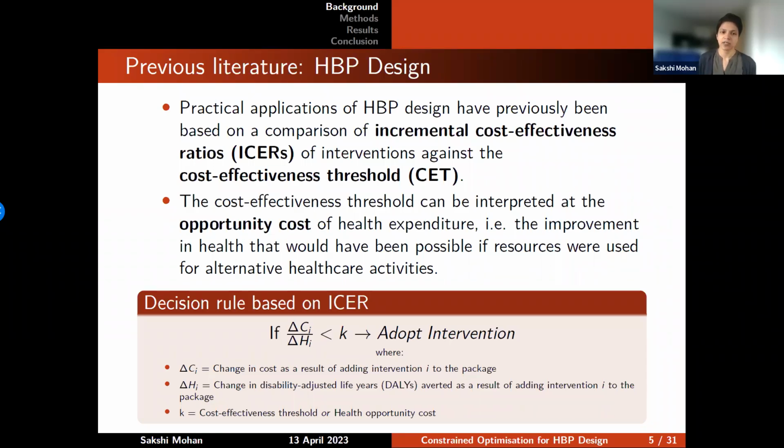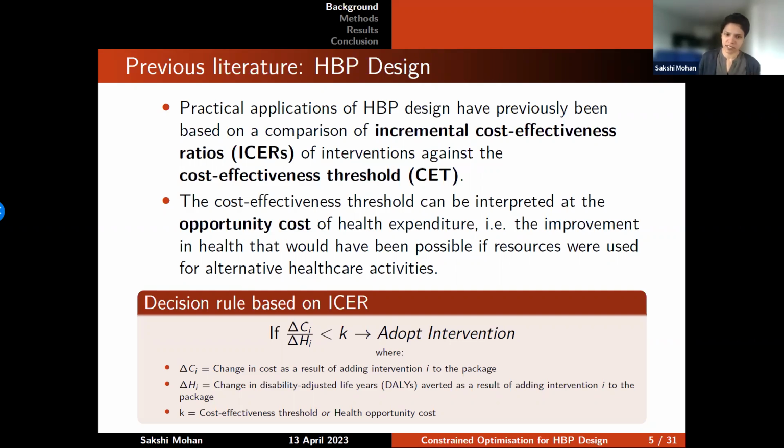So the incremental cost effectiveness ratio is just a ratio of the change in cost as a result of introducing an intervention divided by the change in health from delivering that intervention. And the change in health is often measured in terms of the disability adjusted life years averted as a result of the intervention.